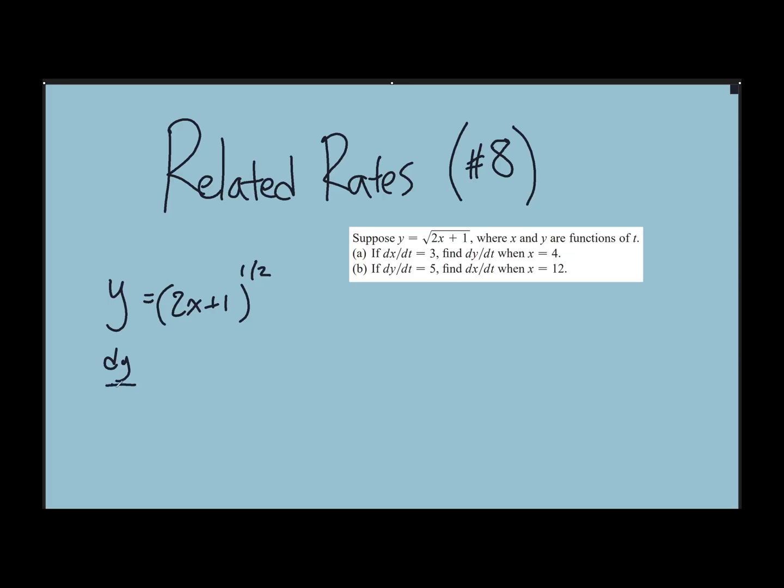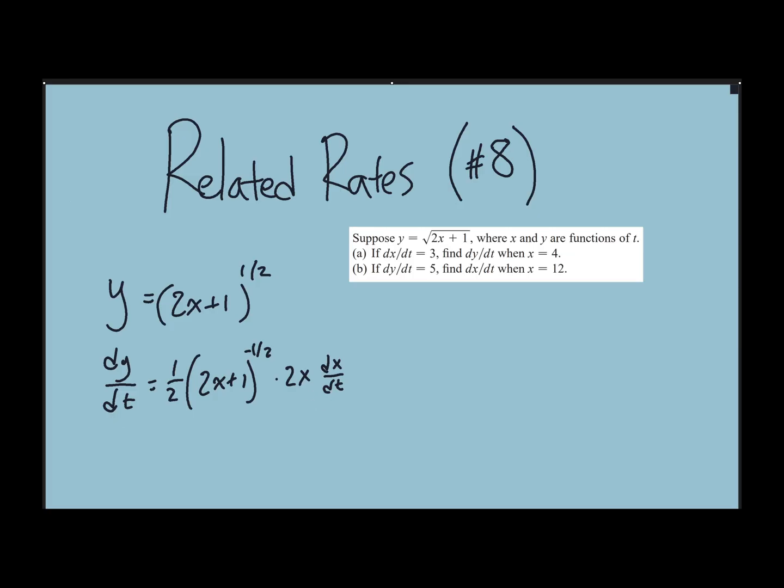So dy/dt is going to equal 1/2, right? Power rule, (2x + 1) to the negative 1/2. And then, of course, that's the derivative of the outside, but the derivative of the inside is necessary, isn't it? I feel like it is. That's going to be times 2, and still chain rule, dx/dt, because we're doing this with a dt, not just a dx.